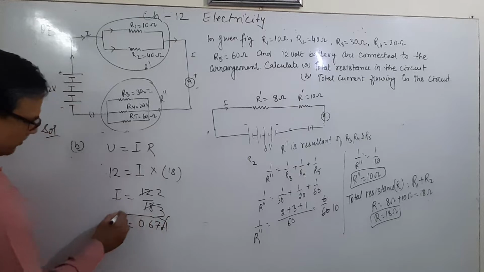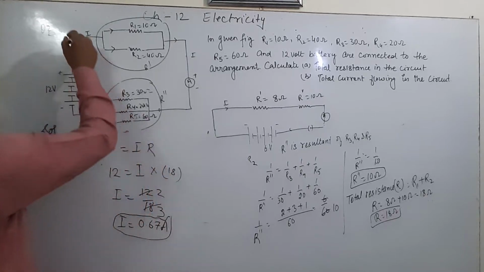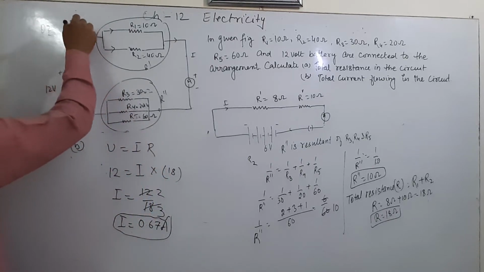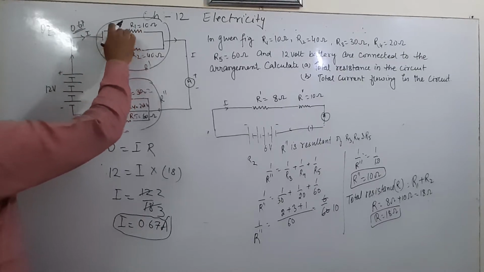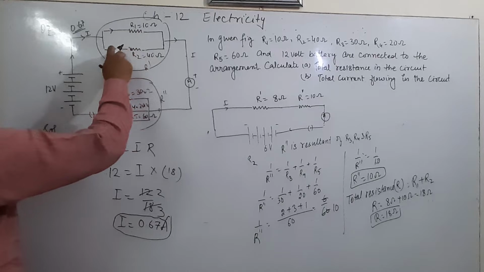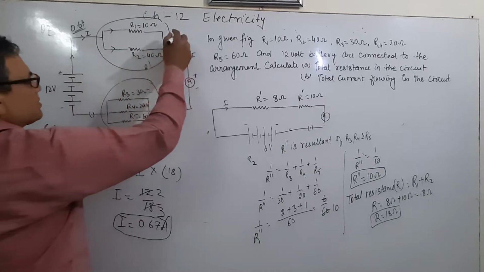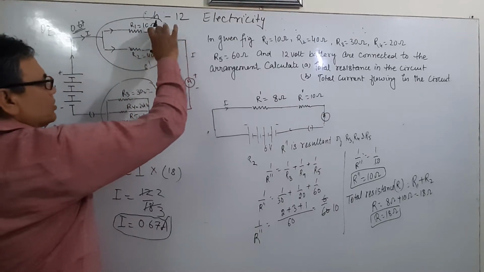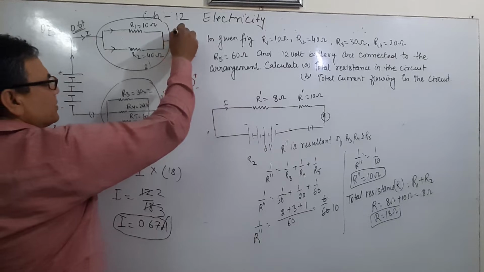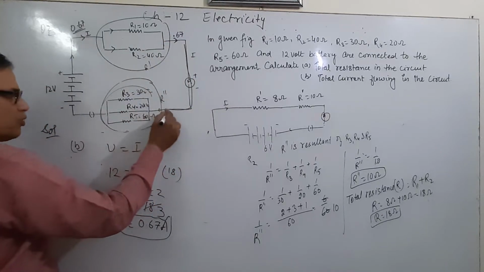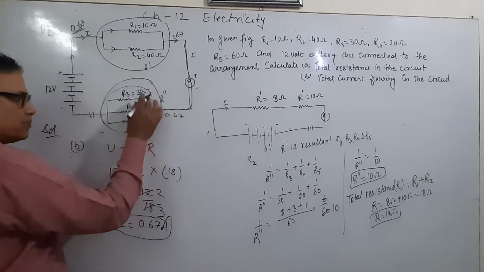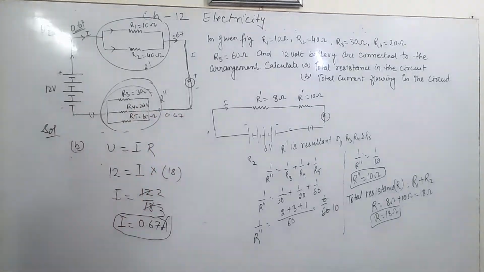ampere. It means the current 0.67 is divided into parts. But when the current passes through this complete circuit, it will be the same, and this 0.67 current is broken into three different resistances. Why?